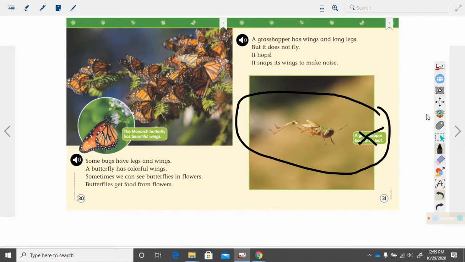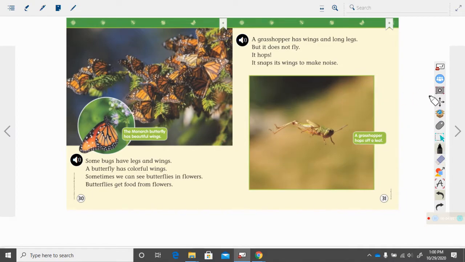So look at that picture of the grasshopper. What do you think it's telling us? It's telling us how it moves, right? It looks like it's in the air, so it looks like it's jumping because it has these long legs. And the legs are kind of bent at, I guess, what you'd call the grasshopper's knees. So it looks like it just finished hopping. So the pictures tell us a lot of information too.